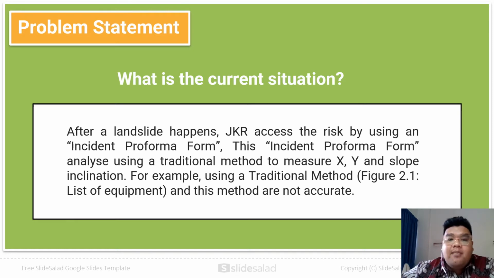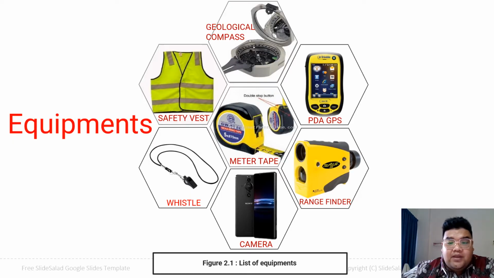This incident proforma form is analyzed using a traditional method to measure X, Y, and slope inclination. What is important is that this traditional method is not too accurate. Refer to figure 2.1, list of equipment. This is an example of the equipment used by JKR to do assessment on slope failure.